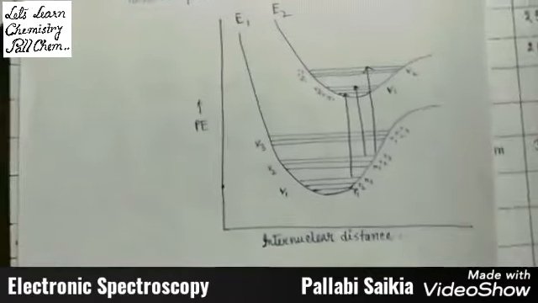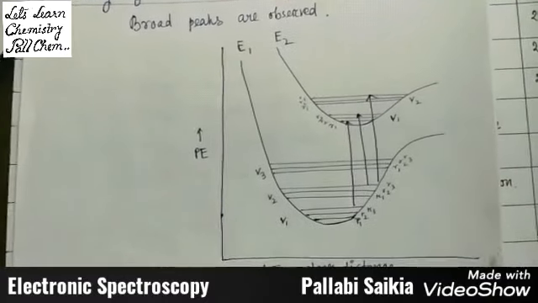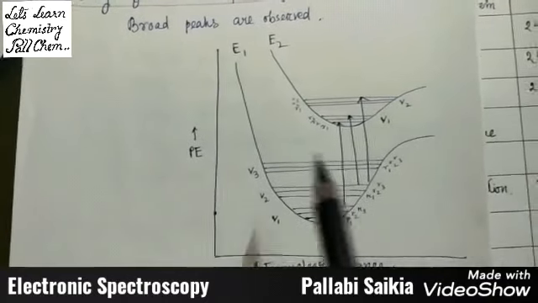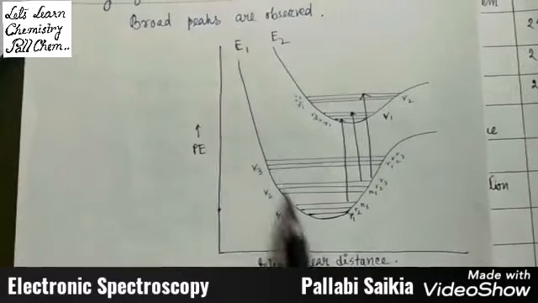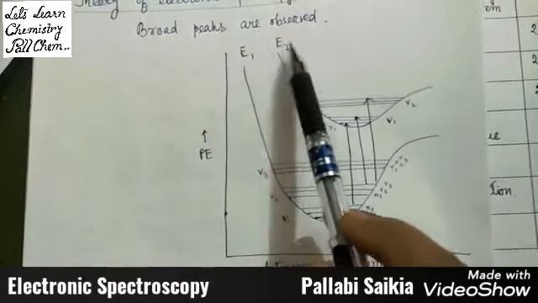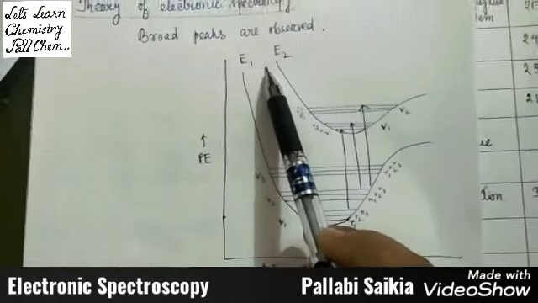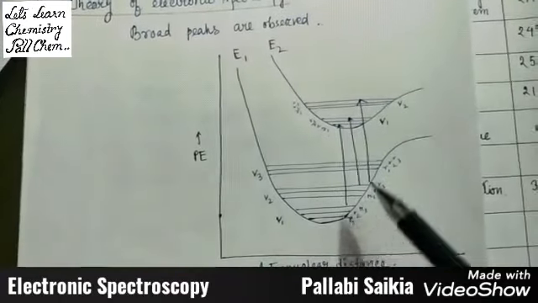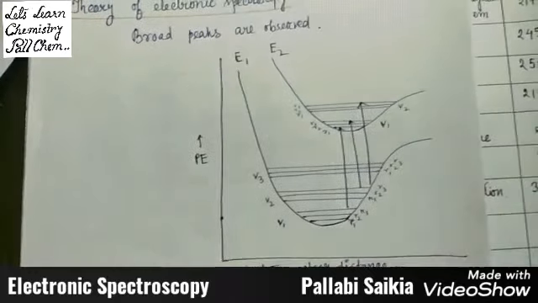Why? Because, as we see in the potential energy diagram, the potential energy is plotted against internuclear distance. E1 and E2 are two electronic energy levels, and excitation of the electrons will occur from E1 to E2.